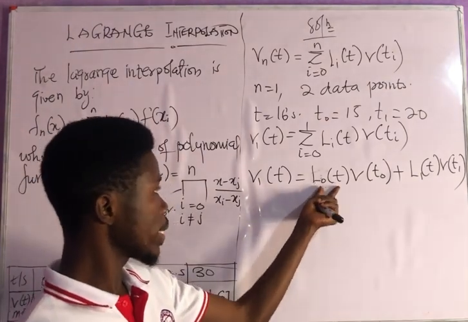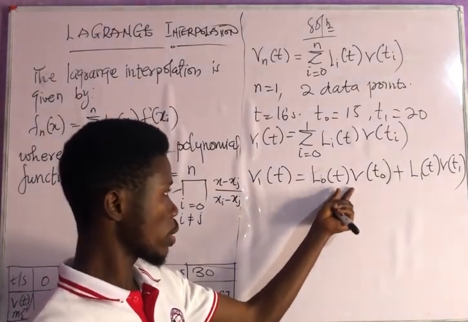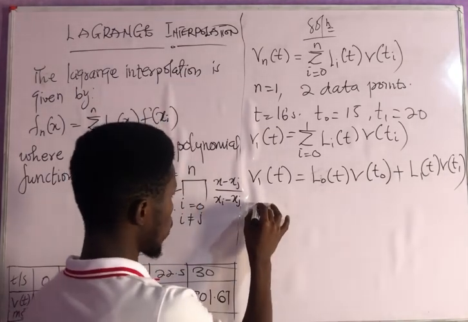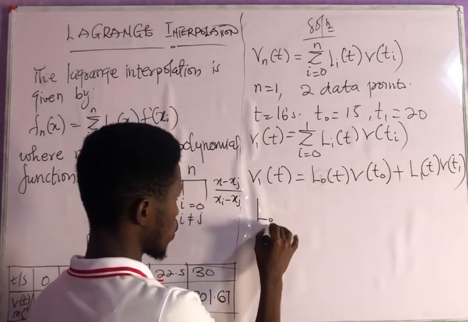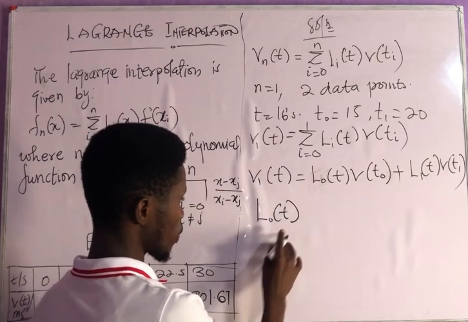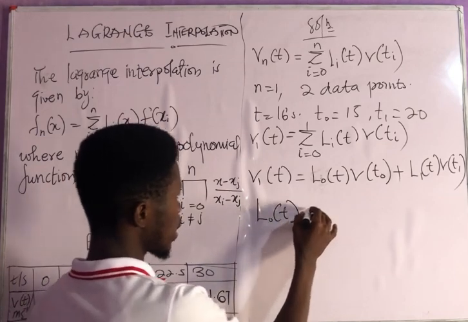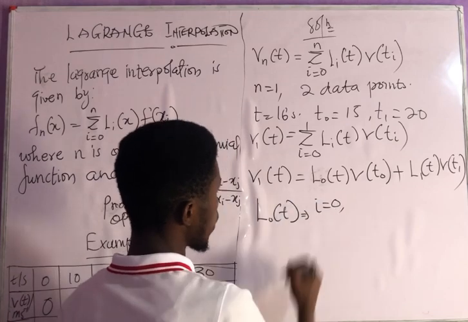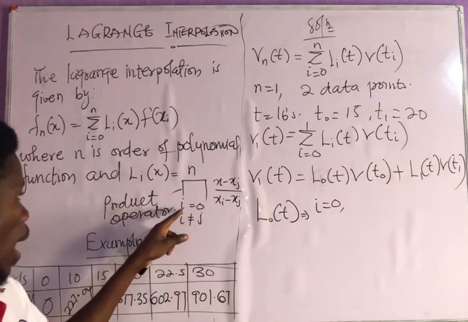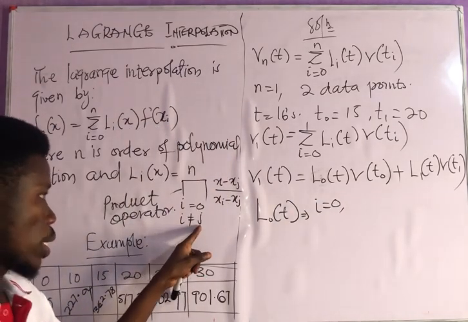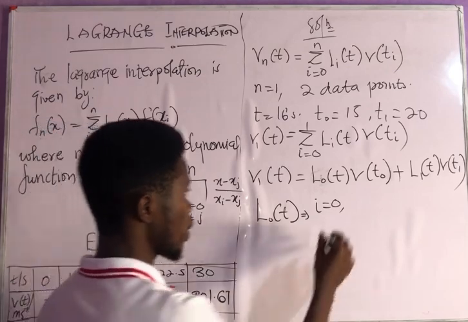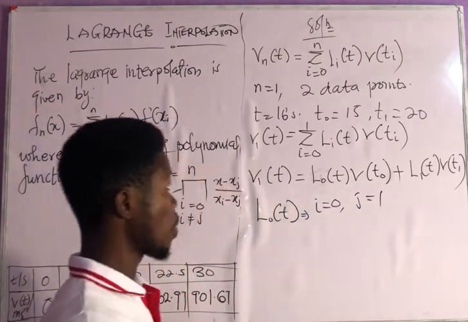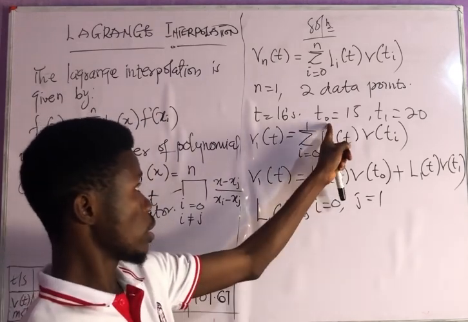Now we need to find L0 of t. For L0 of t, it means that our i is equal to 0. But we said that i can never be equal to j. So if i equals 0, then j is equal to the other number, which is 1. Remember, we only have 0 and 1.